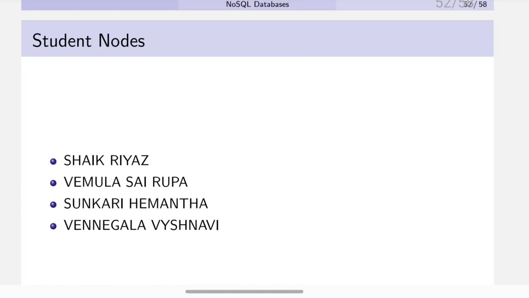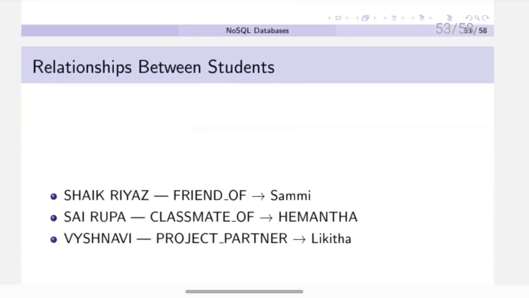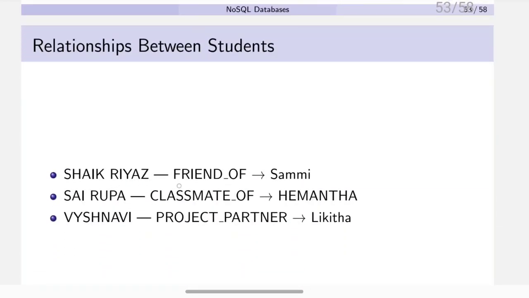Now, students can be connected as friends, classmates, project partners, course enrollments. If you look here, I have taken four names. They may be connected in the form of friends, classmates, project partners, course enrollments. If you look here, Sheikh Riaz is a friend of Sami, and Sai Rupa is a classmate of Hemanta.